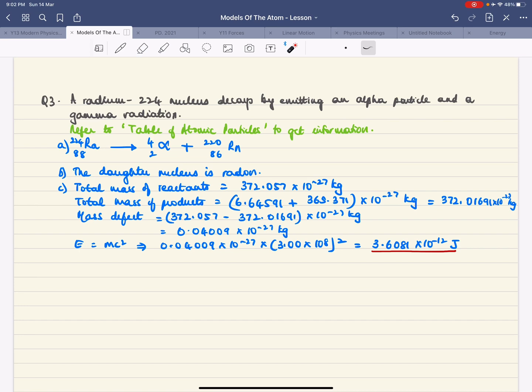So in my calculator at this stage, I'm only putting those numbers in my calculator to get this, and then I just add on the 10 to the power of negative 27.